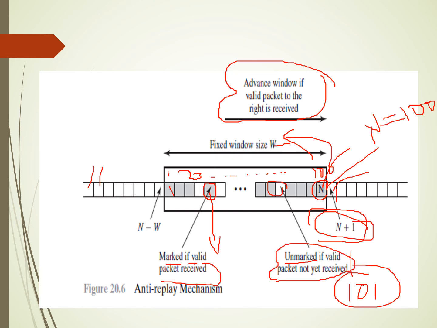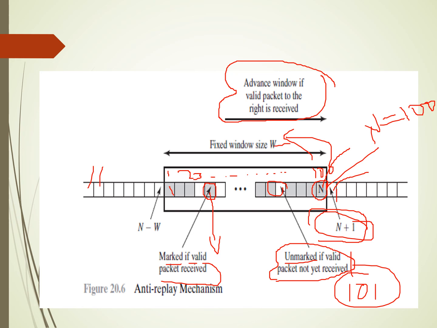When the sender is sending data packets, he does not necessarily send them in order, like 1, 2, 3, 4. Sometimes he can send data packet number 1, next he may send data packet number 3, then he may go for data packet 6.